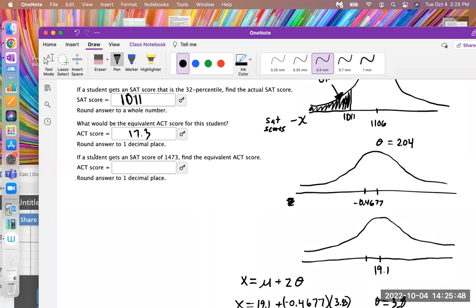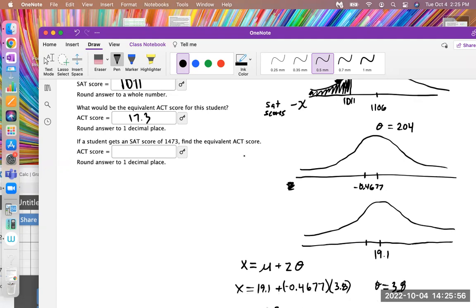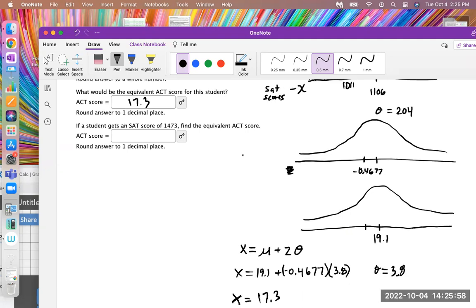And then next it says, if a student gets an SAT score of 1473, find the equivalent ACT score. So again, they're just comparing ACT scores to SATs, and we use z-scores.